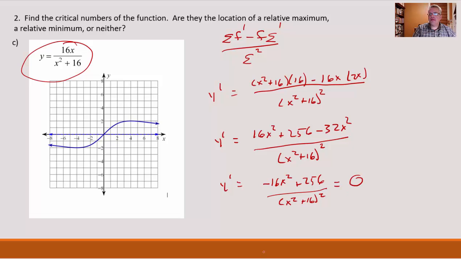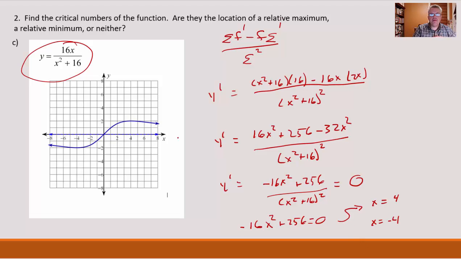And we want to set it equal to 0 to find the critical points. Now, a fraction is 0 when its numerator is 0. So essentially we have to solve -16x squared plus 256 equals 0. If you put that in your calculator, you get x equals 4 and x equals -4.